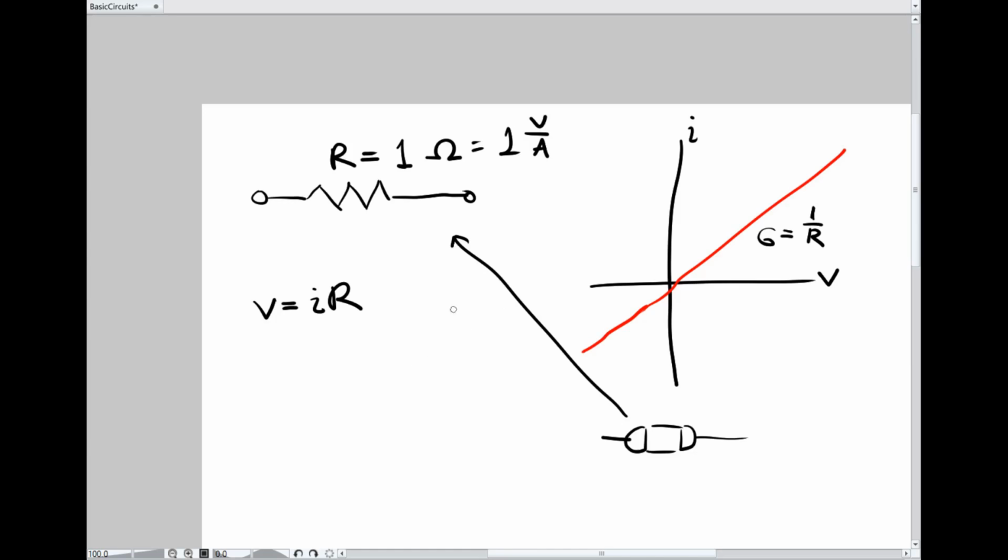We can make this mnemonic device that is varsa T. So we draw a T inside a circle, and then we write VAR. Now this is an abusive notation in itself, because here we have the symbol for resistance, and here we have the units for current. V is V either way.